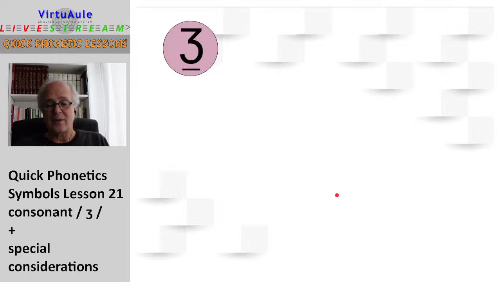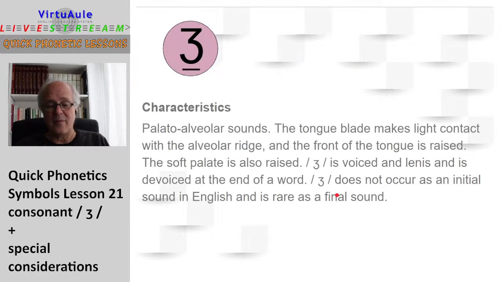Let's look at how this sound is formed. We have a palato-alveolar sound. Palato-alveolar. The tongue blade makes light contact with the alveolar ridge, and the front of the tongue is raised. The soft palate is also raised.